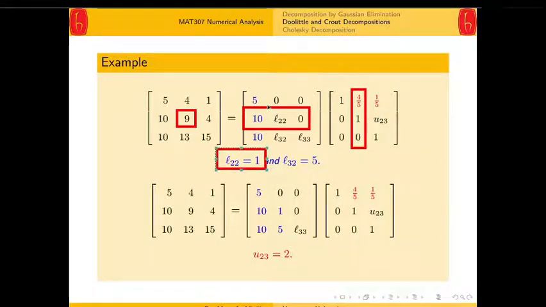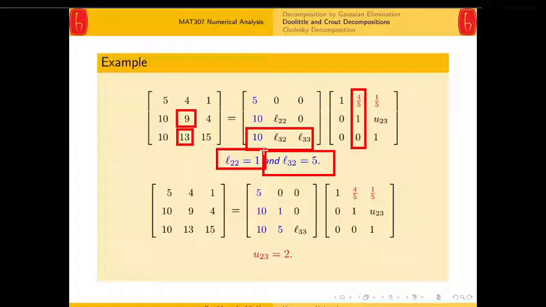Multiplying the third row with the second column, we obtain again 8 plus L32 is equal to 13, and this makes L32 equals 5.